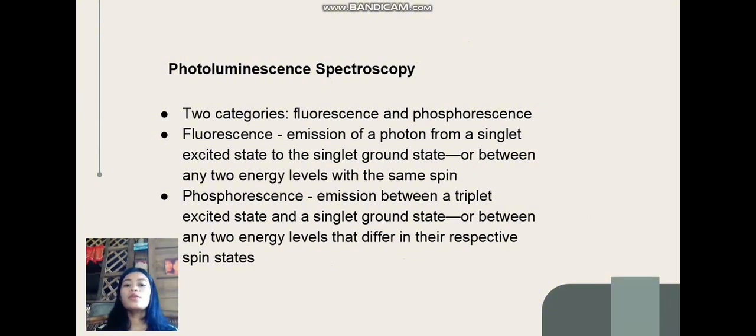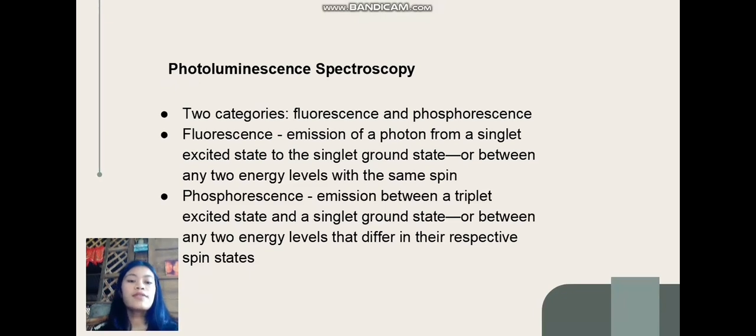In photoluminescence, there are two categories: fluorescence and phosphorescence. Fluorescence is the emission of a photon from a singlet excited state to the singlet ground state. Phosphorescence is the emission between a triplet excited state and a singlet ground state, or between any two energy levels that differ in their respective spin states.